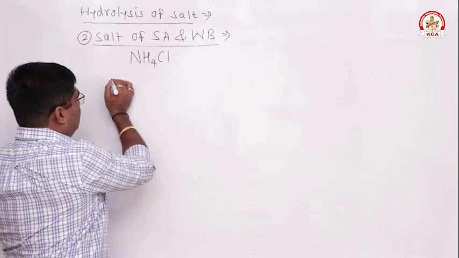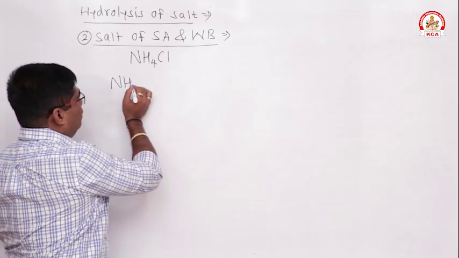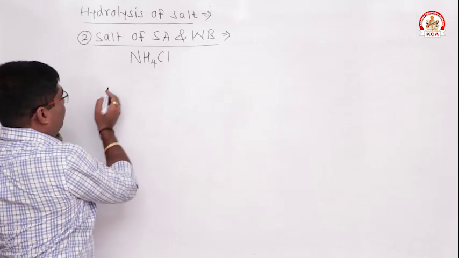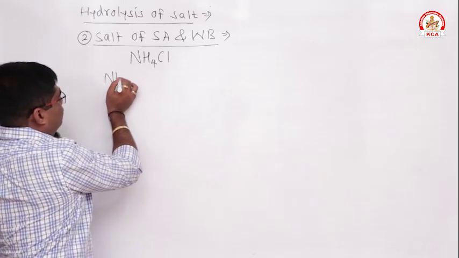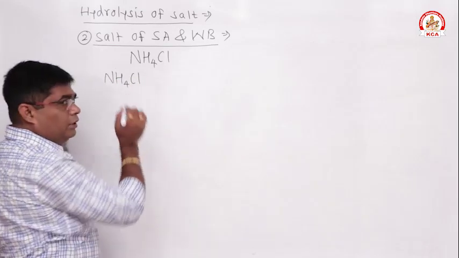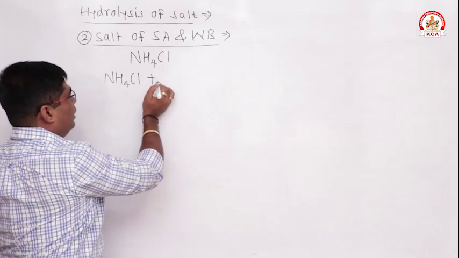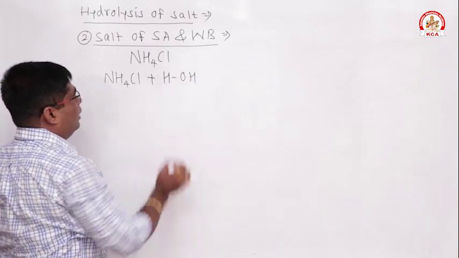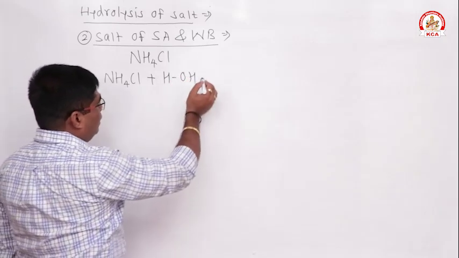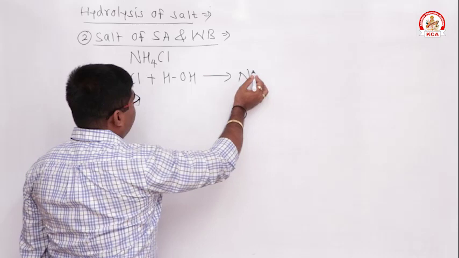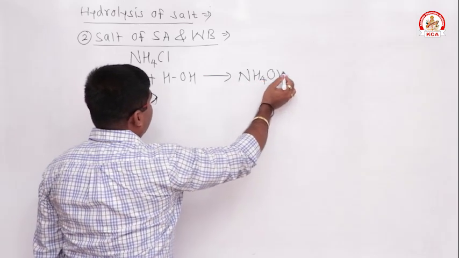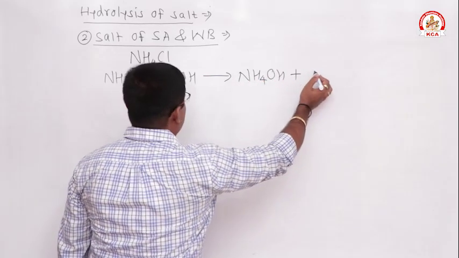So first NH4Cl, this ammonium chloride, it is the salt of strong acid and weak base. React with water. As it is react with water, it gives NH4OH and HCl.